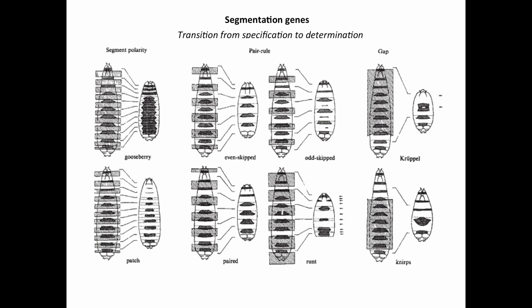Now, as they read the gap and the pair rule genes, they get specified into head, thorax, abdomen. But now within the head and the thorax, they have to be able to now talk to each other to define, okay, I need to become the eyes, I need to become the proboscis, I need to become the antenna.